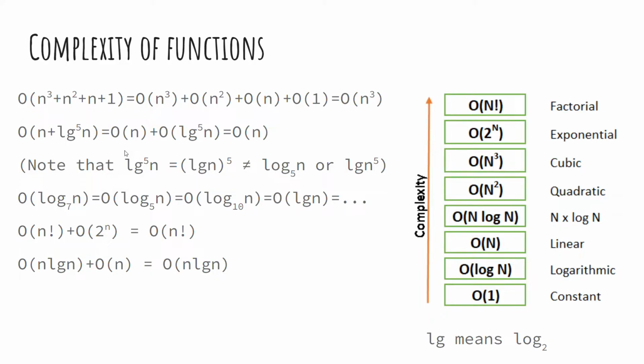And so big O of n cubed plus n squared plus n plus 1 is equal to big O of n cubed.